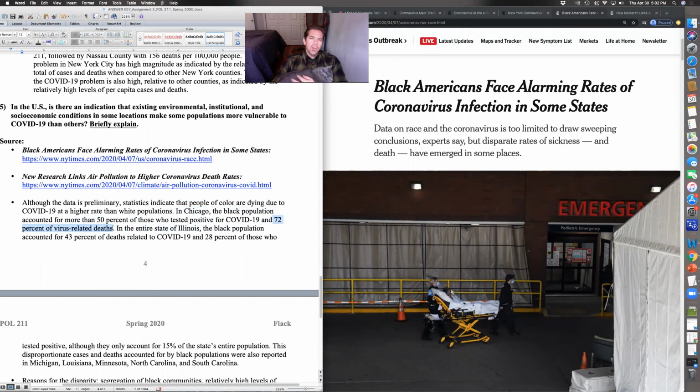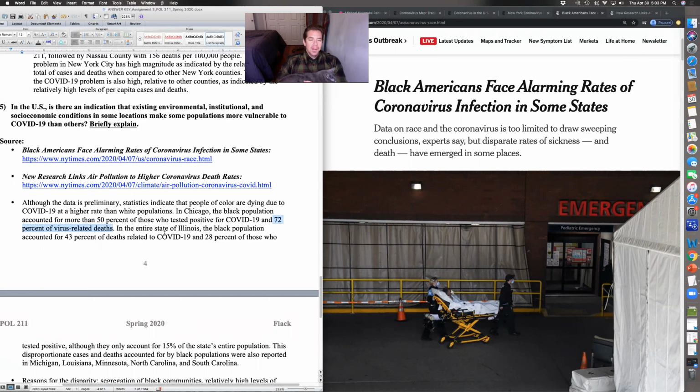So almost 3 out of 4 deaths are Black residents of Chicago. Whereas 1 in 2 who test positive are Black, that's a high percentage perhaps, because it's not just Black and white people living in Chicago. There's brown, there's Asian populations. But 1 out of 2 are Black. But also the important statistic that 3 out of 4 people who have it and die from it are Black as well.